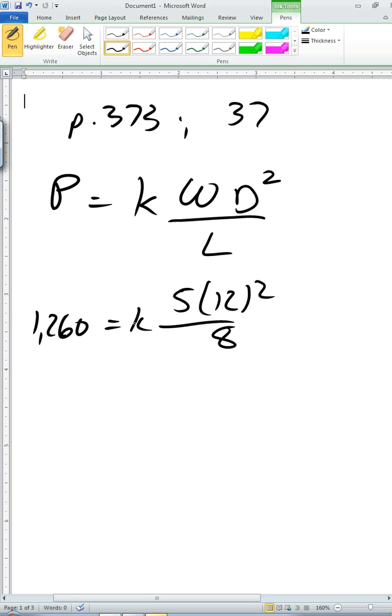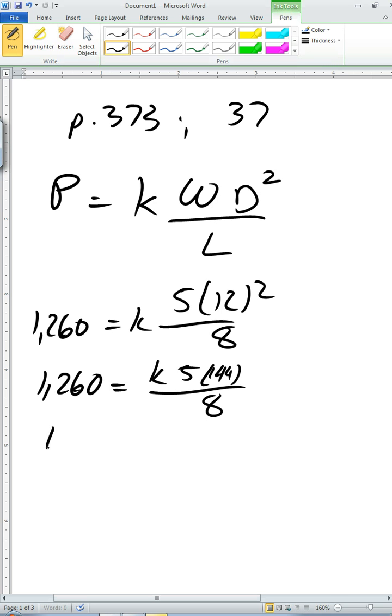But the first thing we have to do is figure out what K is here. So let's go ahead and do that. So let's multiply that out. We got 1,260 on this side. We're going to have K times 5 times 12 squared, which is 144, all over 8. Okay, so we got 1,260 equals, and I think 5 times 144 is going to be 720.